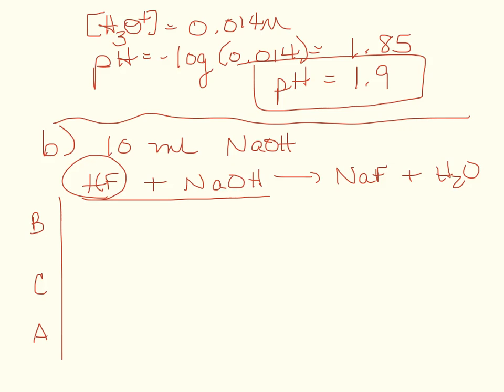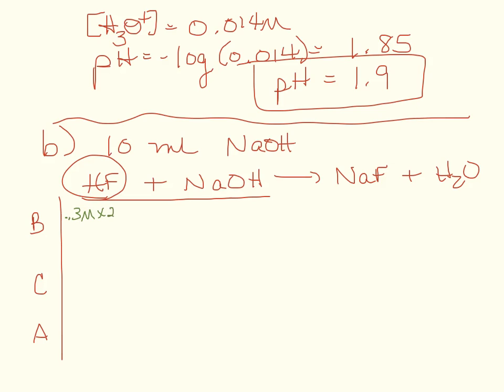Okay, so let's see, how many moles of the hydrofluoric acid did we have before we started titrating? It was 0.3 molar. And how much of it did we have? Remember that molarity times volume will give you moles. We had 25 mL.